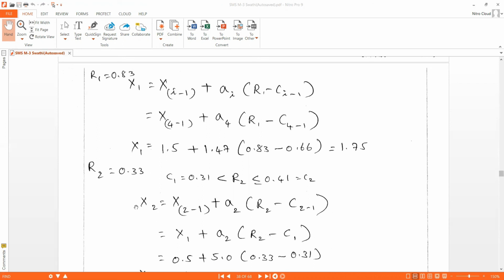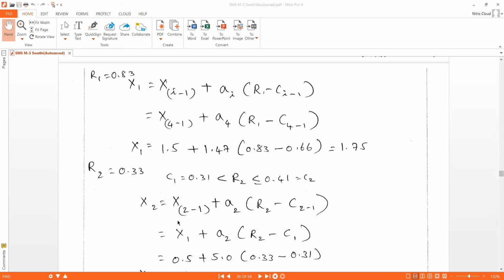Now we'll find the x2 value. x2 is equal to x(i minus 1) plus a_i into (R2 minus c(i minus 1)).